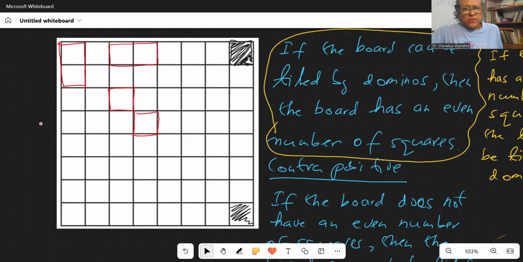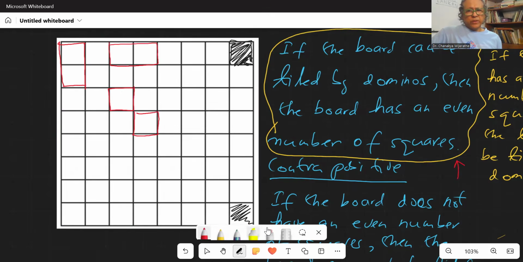So that means the converse of this statement is not true. But a specific board with an even number of squares may be tiled. So just because the converse is not true, we can't say that this board cannot be tiled.